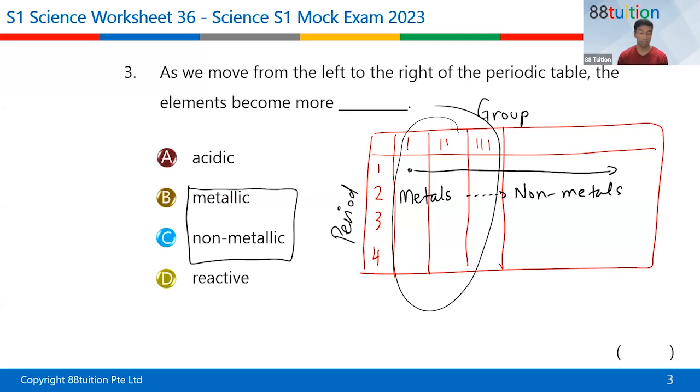Sometimes they may change the question and say, do they become bigger or smaller? Does the size of the atom become bigger or smaller? How many of you know this one also? As we go from left to the right, do you think the atom size becomes bigger or smaller? You can look at your periodic table and you look at the mass number, you can look at the electron number, because the atomic number, remember, just now we did boron, 11.5, and then the next one will be 12, then 6, then the next one will be 7, okay, and so on.